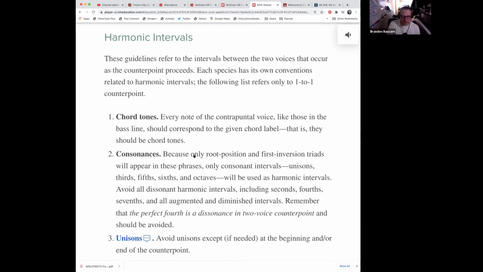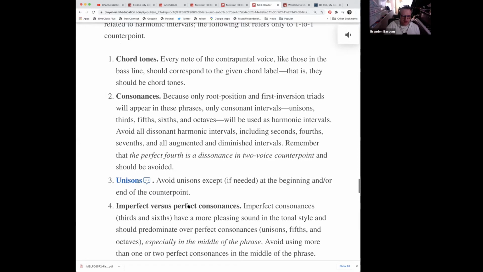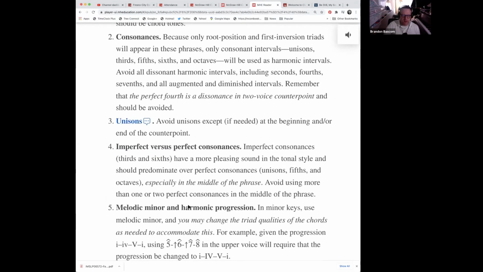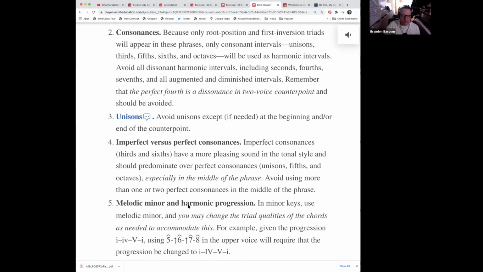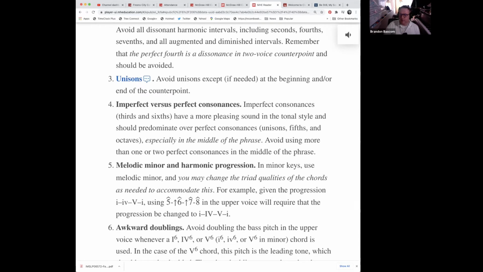Unisons. Avoid unisons except if needed at the beginning and or end of the counterpoint. So don't start and end on the same pitch. We're talking 4-part here, right? You with me?